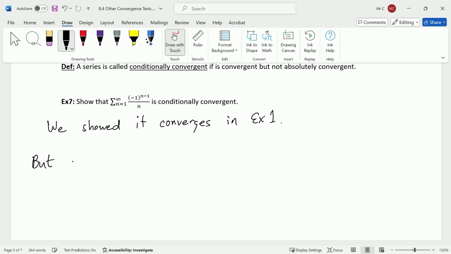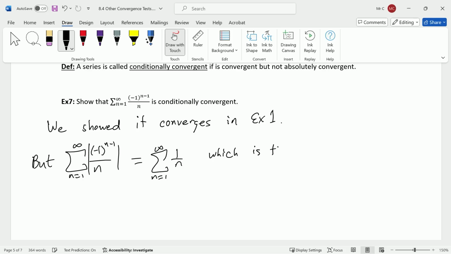But when we take the absolute value of its terms, so from n equals 1 to infinity of negative 1 to the n minus 1 over n, so we take the absolute value, that's the sum from n equals 1 to infinity of 1 over n, which is the harmonic series. And we've, of course, proven that that diverges.